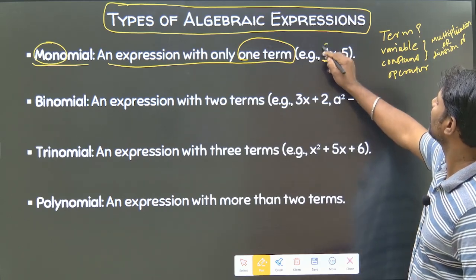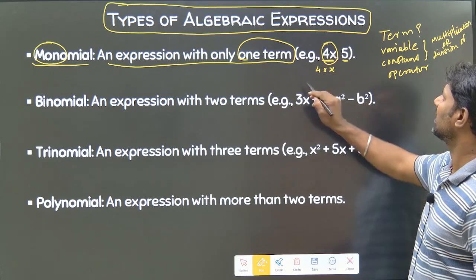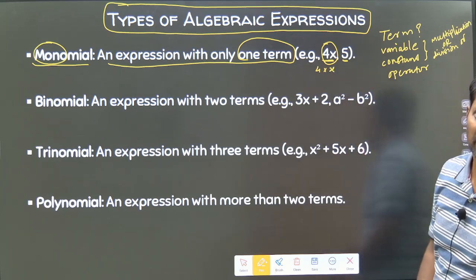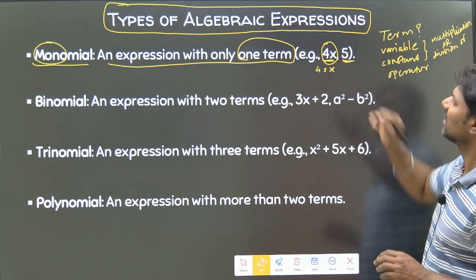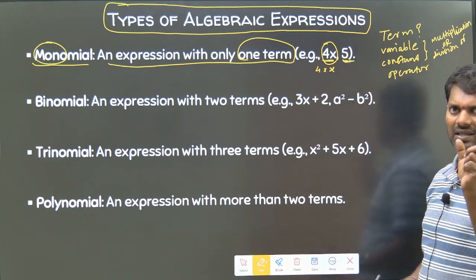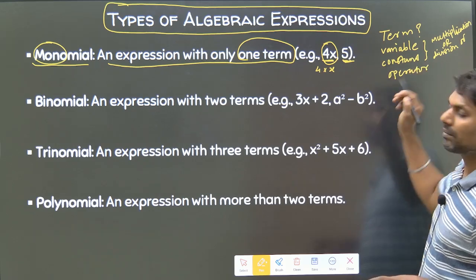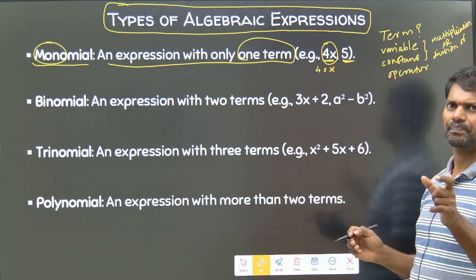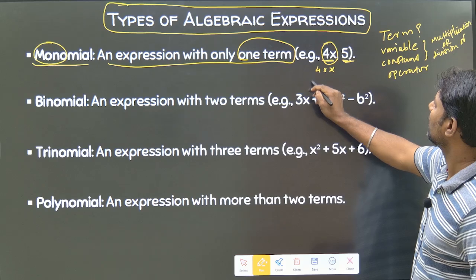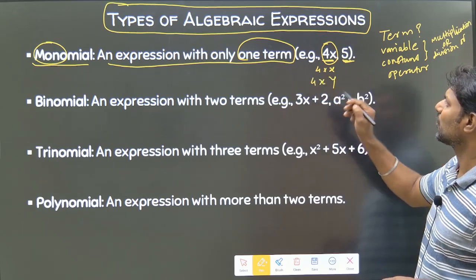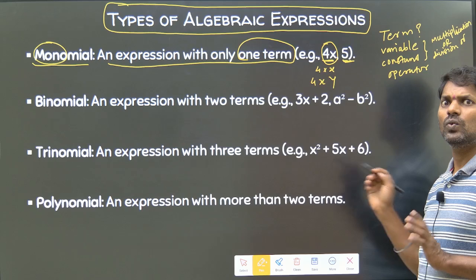So here you see 4x, so 4 into x, multiplication of constant and variable is called a term. Here 5 is one constant, one term. So remember, term means multiplication of constants and variables. It may be like this, 4xy, so 4 into x into y, multiplication of one constant and two variables.